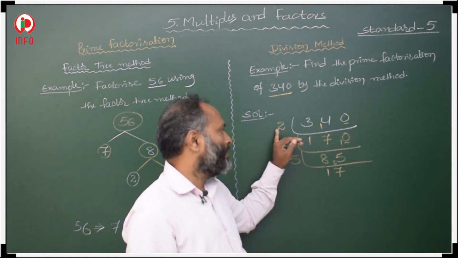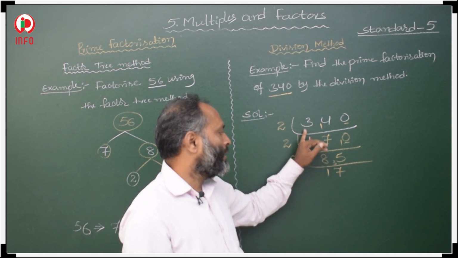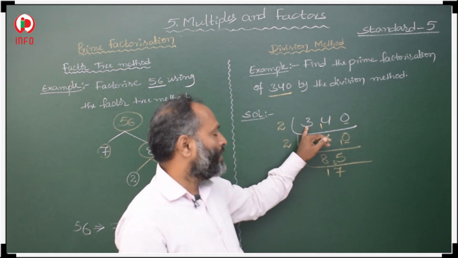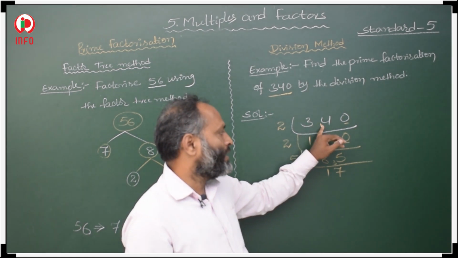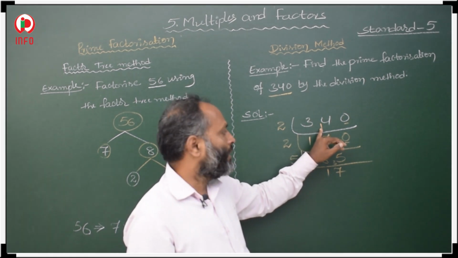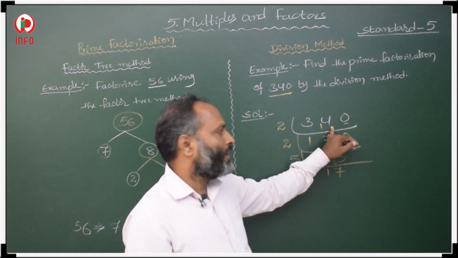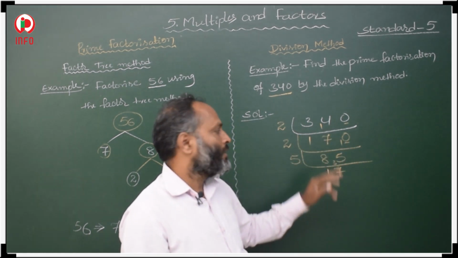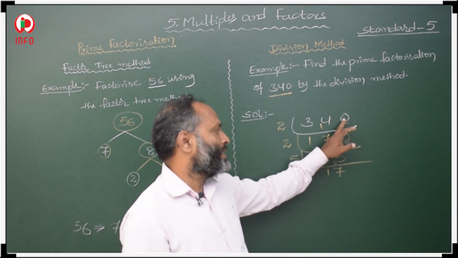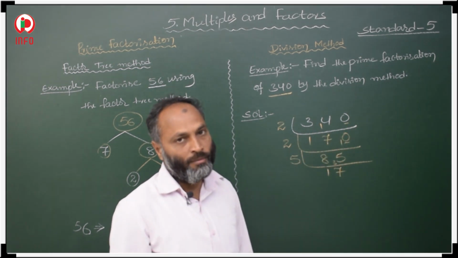Divide with 2. 2 ones are 2, here 3 is there. The difference between 2 and 3 is 1, so that difference we keep here and we get 14. After that, 2 sevens are 14, and this 0 as it is we keep.